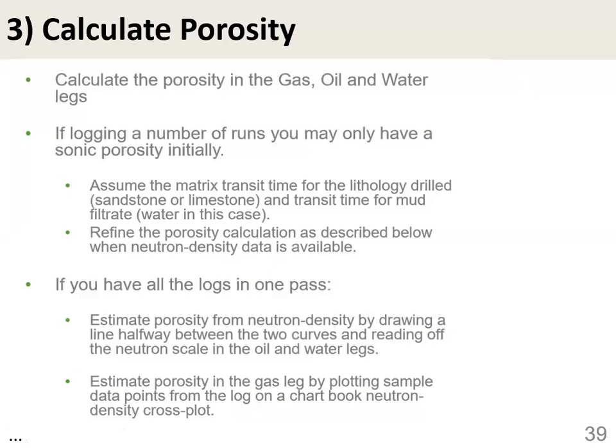Assume the matrix transit time for the lithology drilled and the transit time in mud for the mud filtrate. Refine your porosity calculation with the neutron density data. It's not efficient having one run, so typically it's a combo done.